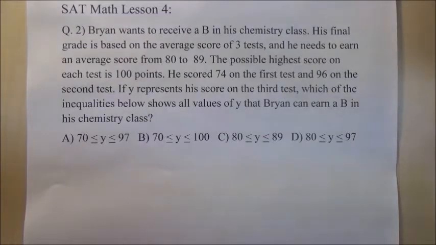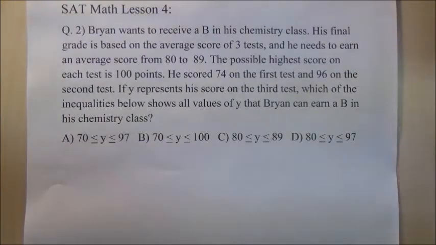The possible highest score on each test is 100 points. He scored 74 on the first test and 96 on the second test. If y represents his score on the third test, which of the inequalities below shows all values of y that Brian can earn a B in his chemistry class?